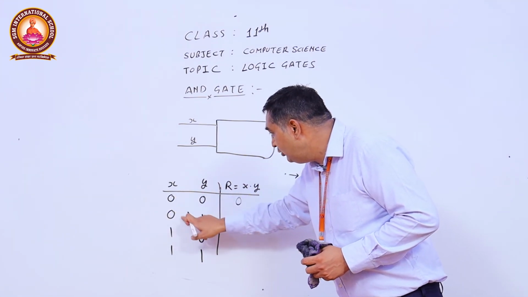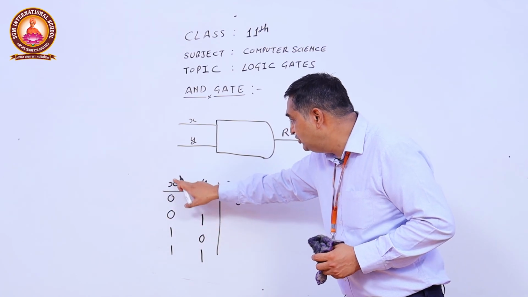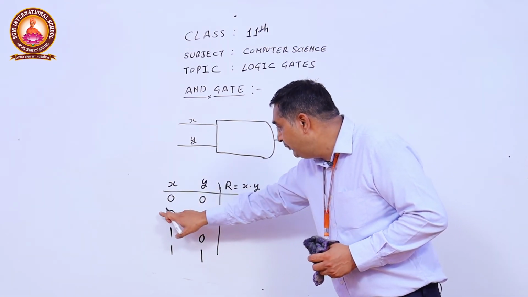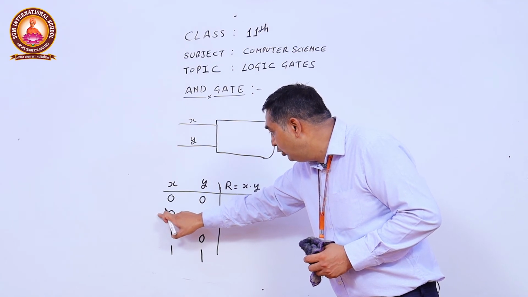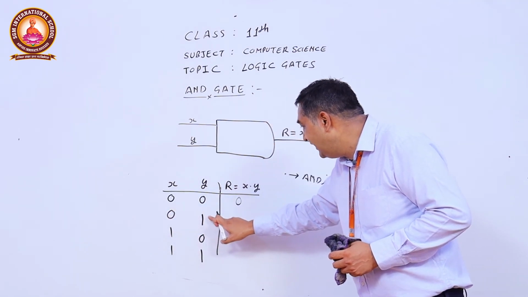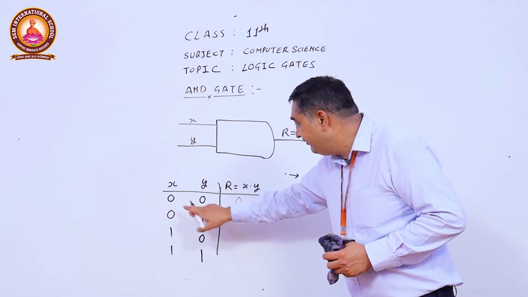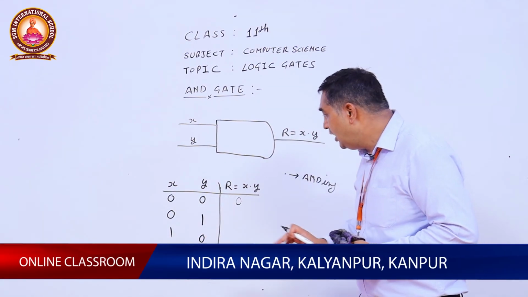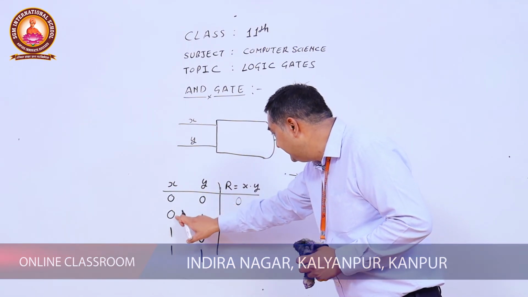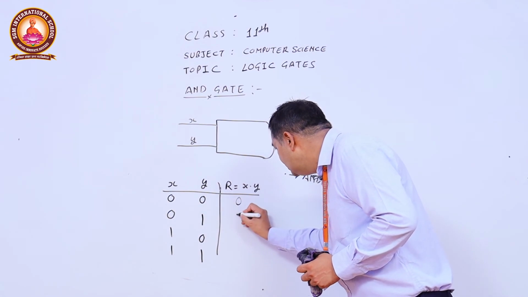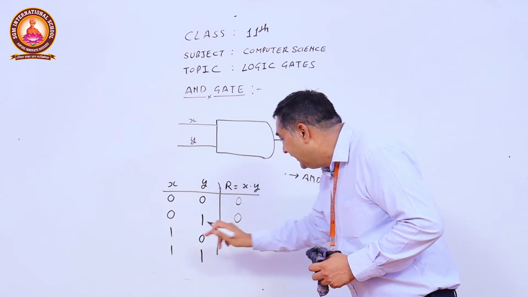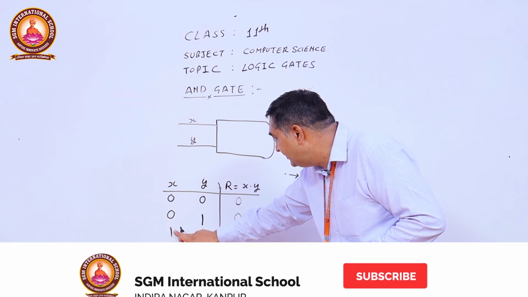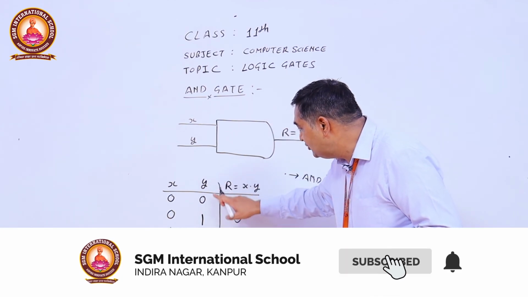At line number 2, the value of X is 0 and the value of Y is 1. So one input is low and the second one is high. As per the rule, if any input is low or 0, the output will be 0. So in this case the output will be 0. At line number 3, the value of X is 1 and the value of Y is 0.